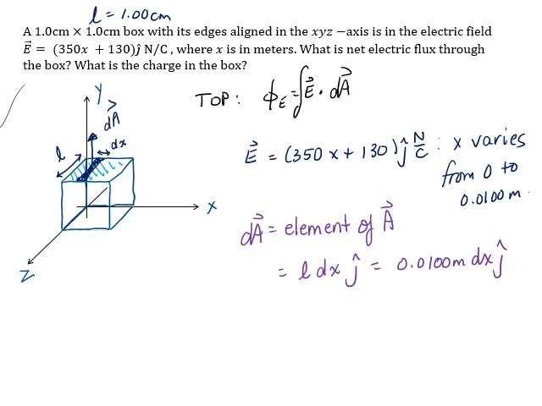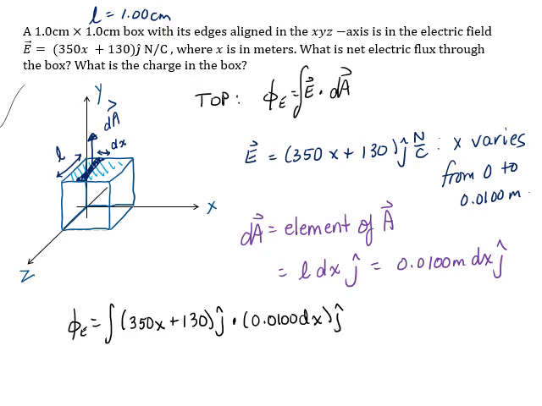Okay, let's put this in our integral now, and this is going to be an integral that's not too hard to deal with. Our net electric flux is equal to the integral of the electric field, 350 times x plus 130 j hat. Just for convenience, I'm going to drop the units at this point, so it doesn't get too messy, times 0.01 dx in the j hat direction.